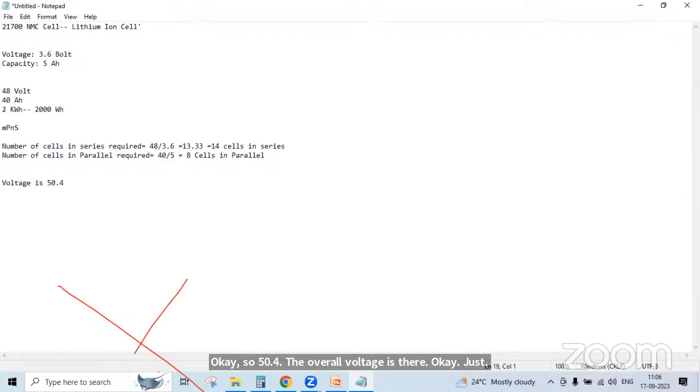What is happening? If a 48 volt system is required, then exactly 48 volt calculation will not be possible. So whatever next is there, near about that we will take, right? Because, for example, 13.33 cells are required, but 13.33 cells will not be possible. So it is better to go for the higher side. Higher side means you will have a little extra energy, right?